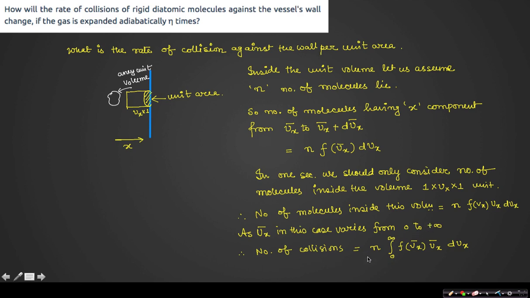So the number of collisions will be n multiplied by the integral from 0 to infinity of f of Vx into Vx dVx, right? As I am saying that the direction is only one direction, it does not make any sense to put the vector sign, because I know that it is moving in the positive x-axis only.